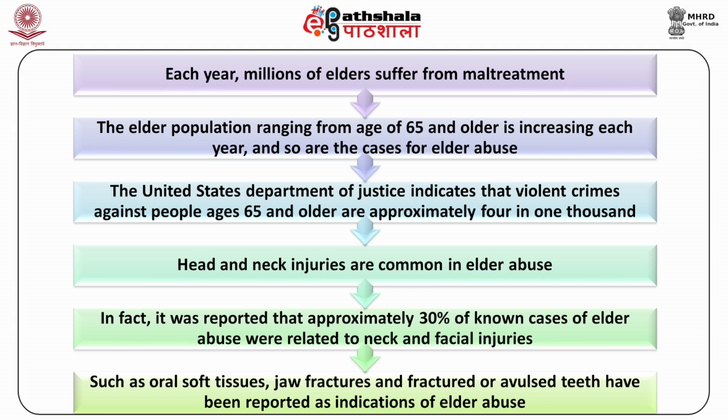The United States Department of Justice indicates that violent crimes against people aged 65 and older are approximately 4 in 1000. Head and neck injuries are common in elder abuse.